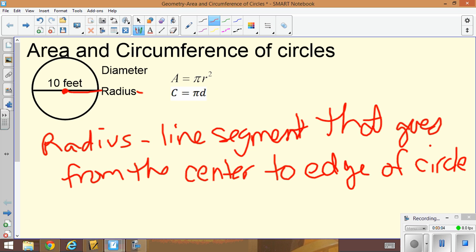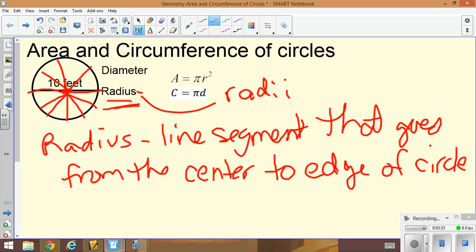I can take this center point and draw a straight line going in any direction, and all of these are considered one singular radius. Plural is radii, R-A-D-I-I. So if we have more than one, the plural form is called radii.